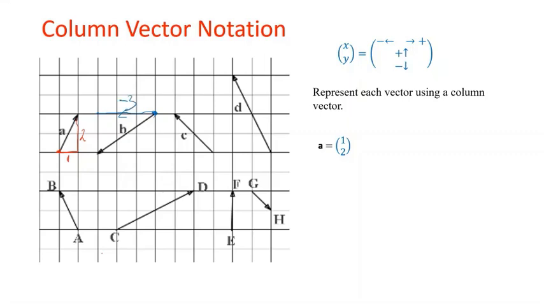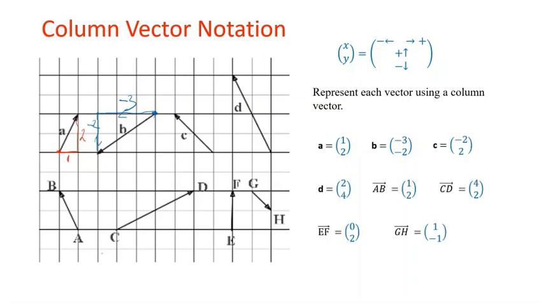And then to get to the head, we go down 2 units. So that would be -2. So our column vector would be -3, -2. I'm going to leave the rest for you to do. Pause the video while I put the answer on and try it on your own.